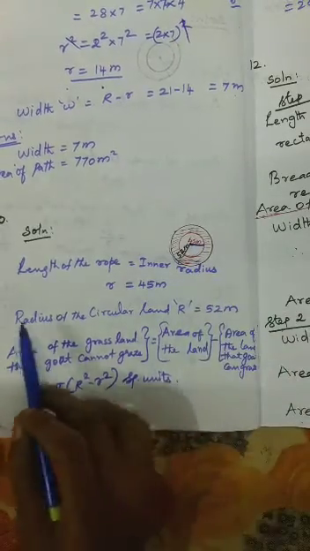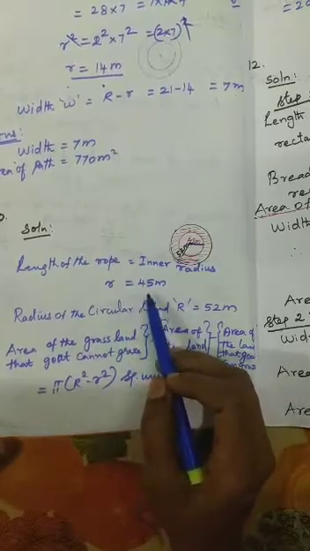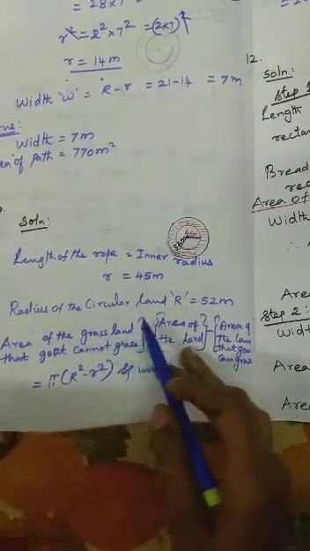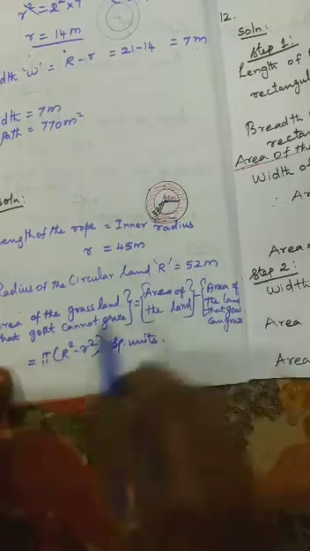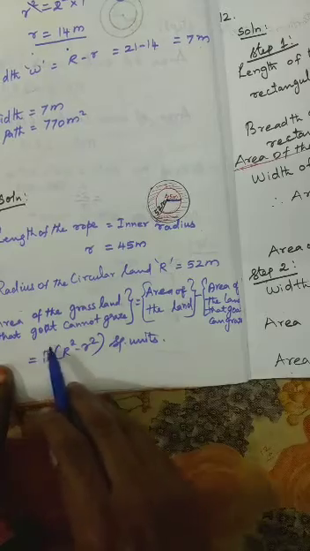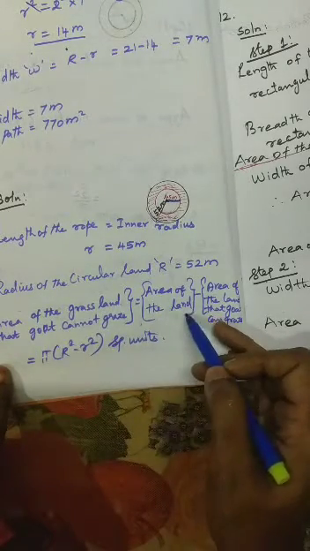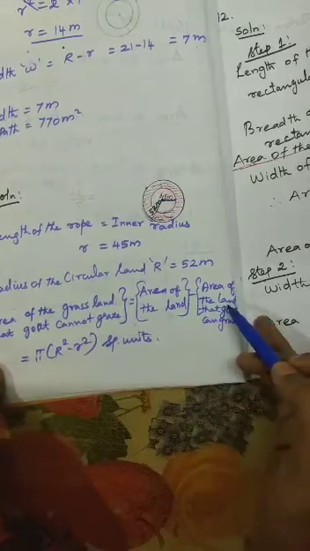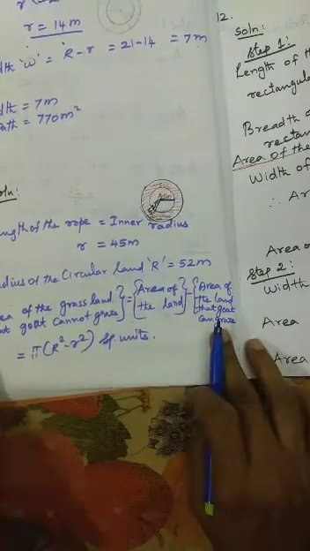So the length of the rope is the inner radius, that is 45 meter. Then the radius of the circular land, capital R, is 52 meter. Then we have to find the area of the grassland that the goat cannot graze. That is equal to the area of the land minus the area of the land that the goat can graze.